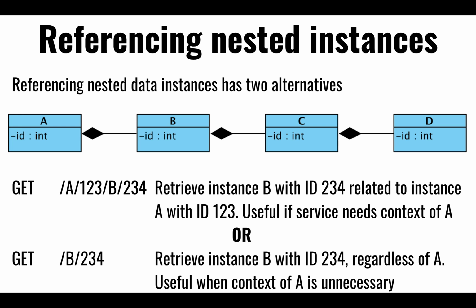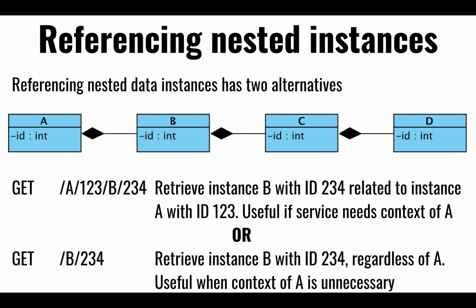So to avoid this inconsistency of asking for something that doesn't actually belong to somebody, notice that 234 is already unique within the data set of B. So putting A123 in front doesn't make it any more unique, right? The 234 is enough, so it would be perfectly fine to instead use the second query, /B/234.